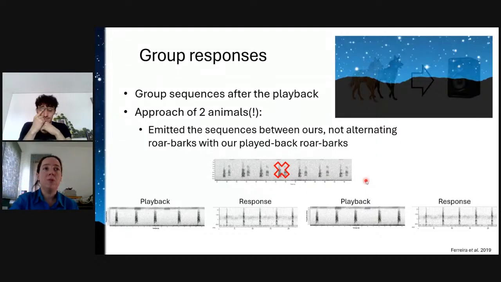Maybe we could identify the specific maned wolf because some of them we knew at the time, but none of that was possible, unfortunately.